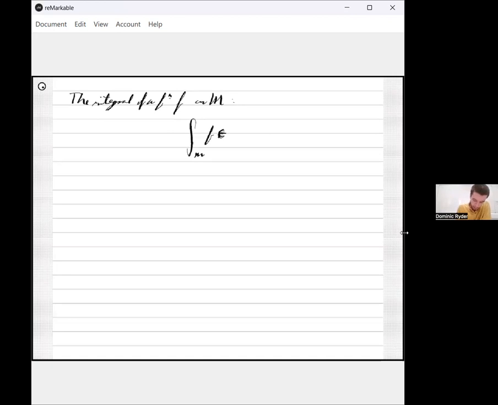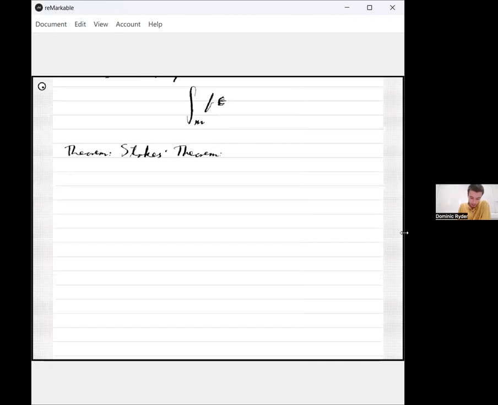So then we get Stokes' theorem in general relativity. Let M be an n-dimensional compact oriented manifold with boundary.